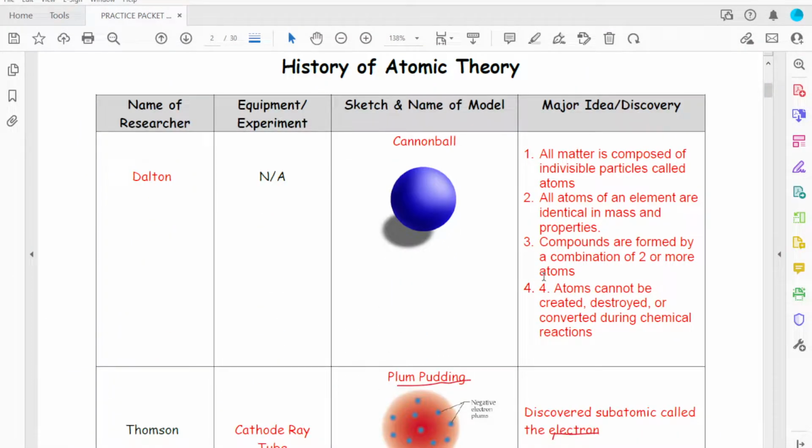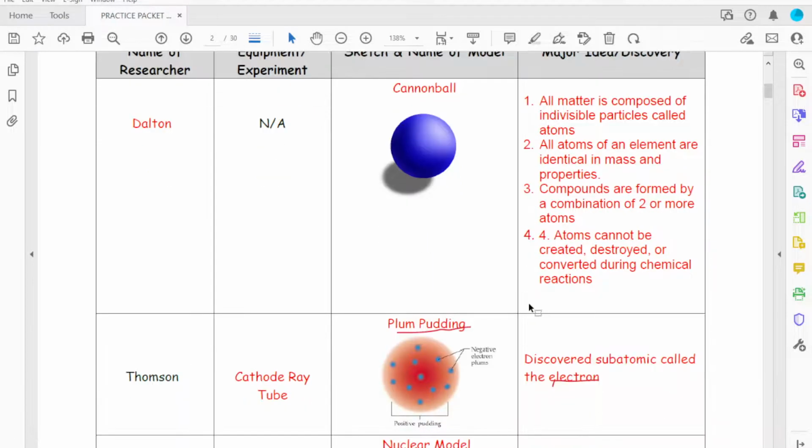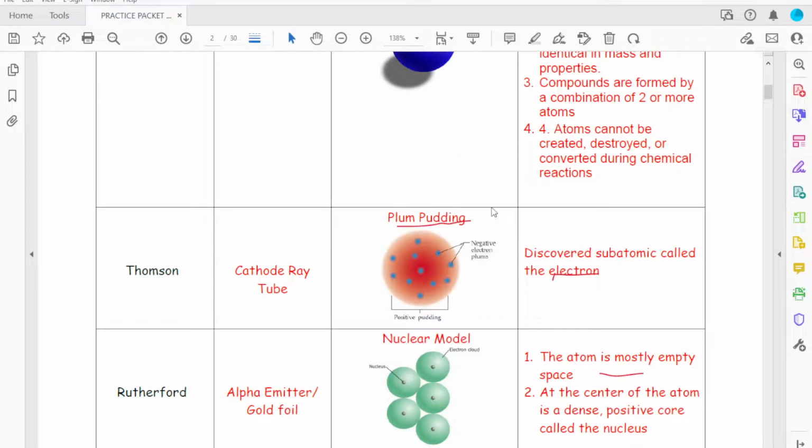The first thing is we were talking about the history of the atom. You'll notice Dalton created the cannonball theory of these small atomic particles that are super solid, but they're homogeneous. They're just cannonball in nature. But it was Thomson who discovered there was a negative particle within them and a positive part of them.